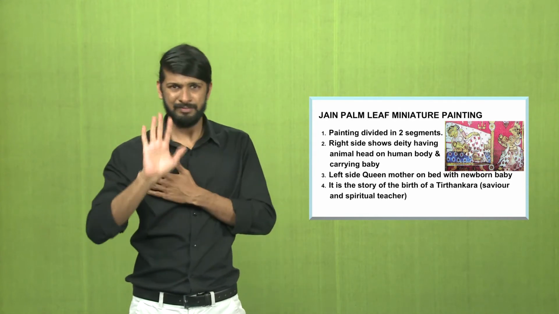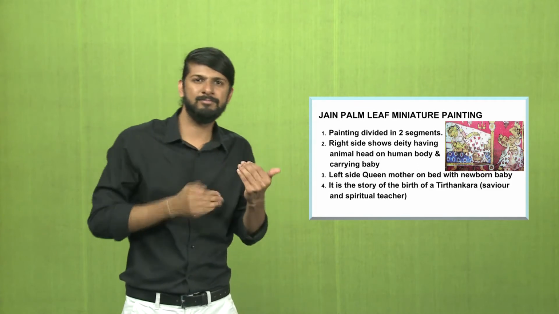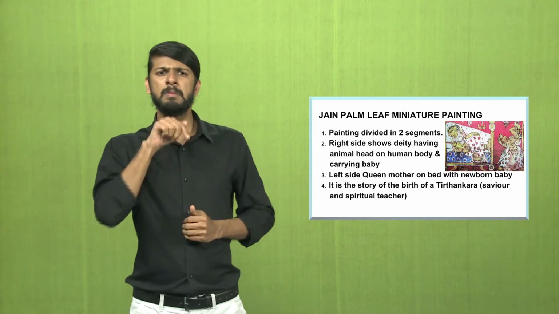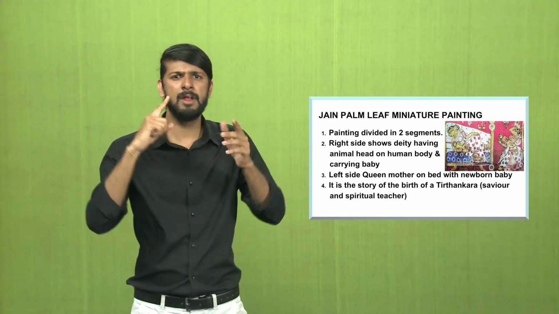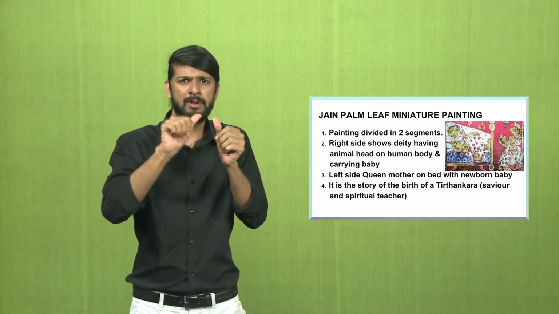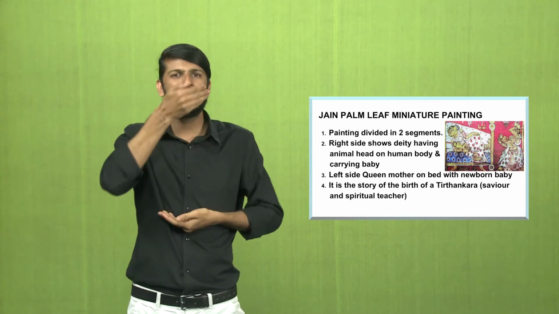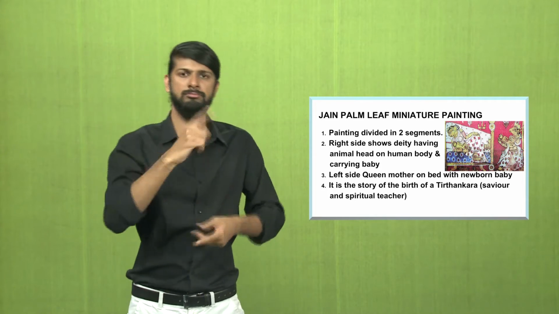On the left side, you see the Queen Mother on the bed with a newborn baby. It is the story of the birth of a Tirthankara, which according to the Jain are the religious or the spiritual teachers.